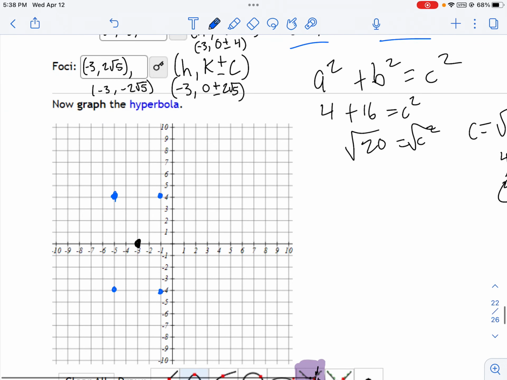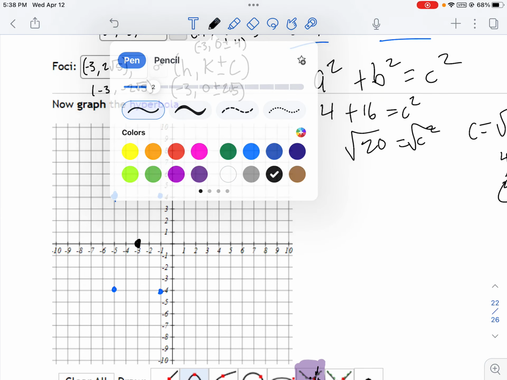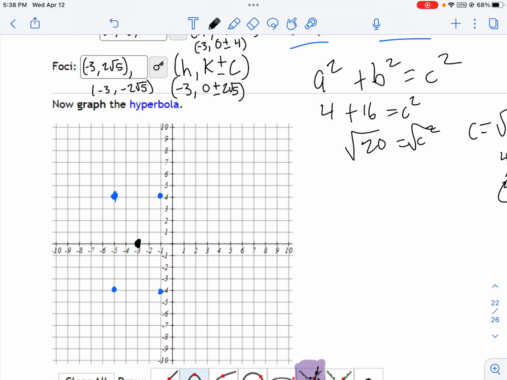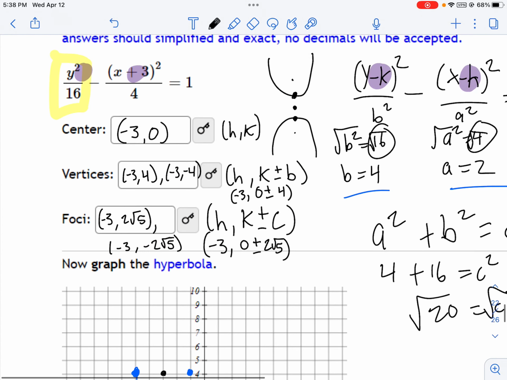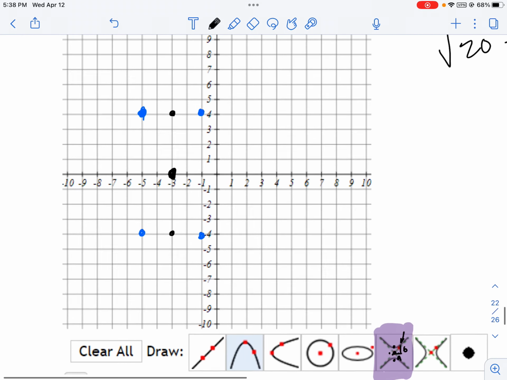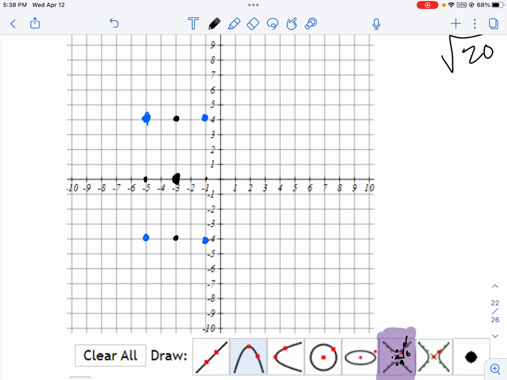Now, I'm going to briefly sketch this out for the remaining hyperbola. So our vertices are going to be here and here, right? -3, 4, and -3, -4. And that means your co-vertices would have to be those ones right there, just as a fun fact.